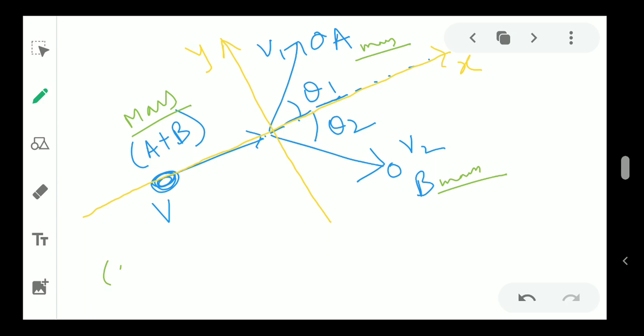So we can write (A plus B) V as the initial momentum, and finally I get A V1 cos theta 1 plus B V2 cos theta 2.